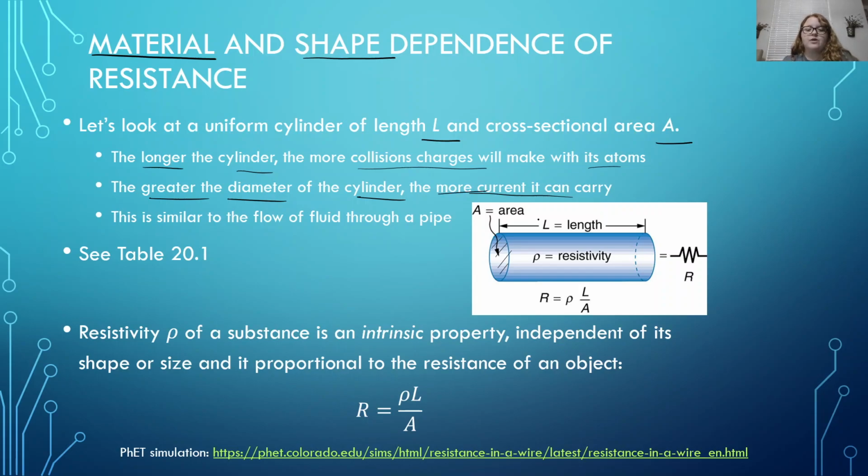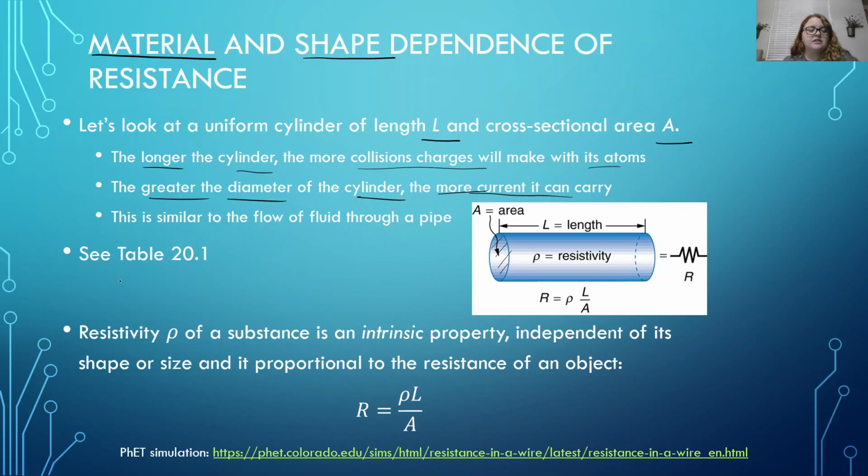So as this area increases, it can carry more current through the material. So that's all about the shape dependence and a little bit on the material dependence. This is going to be similar to the flow of fluid through a pipe, like liquid or water flowing through a pipe, okay?